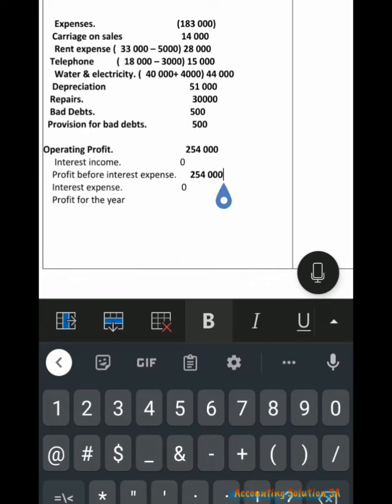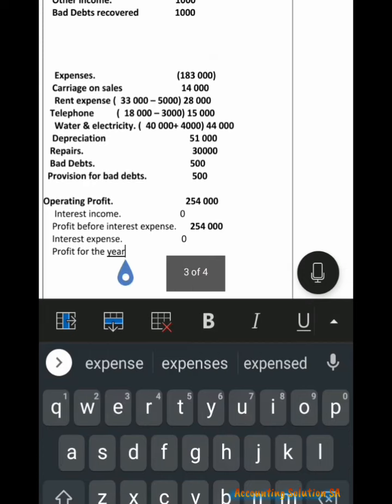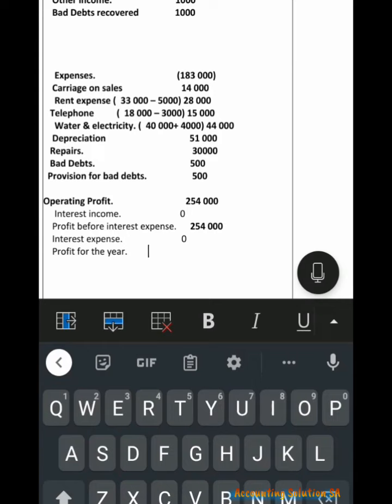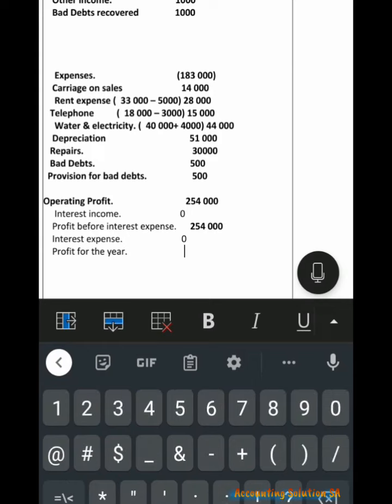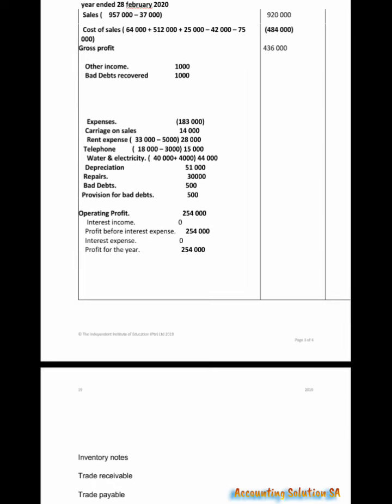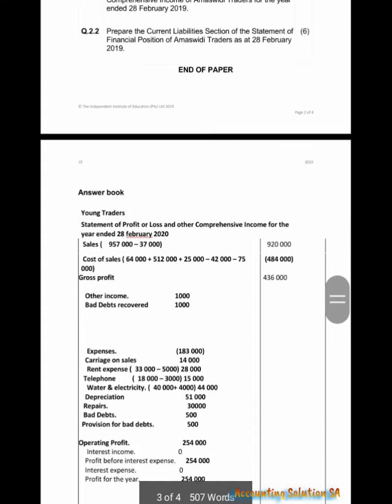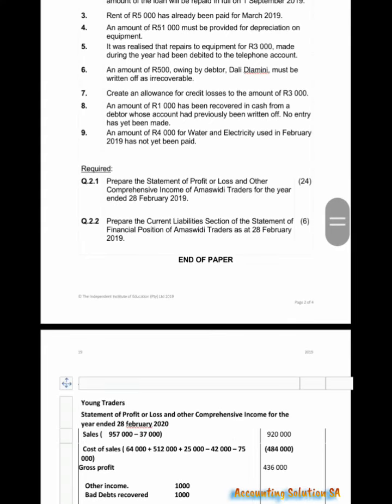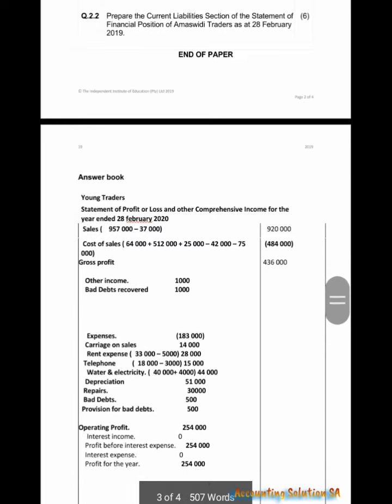Then interest expense, we don't have any because they said the loan is interest free. Then profit for the year will be 254,000. That's what was needed under income statement that has an allocation of 24 marks.